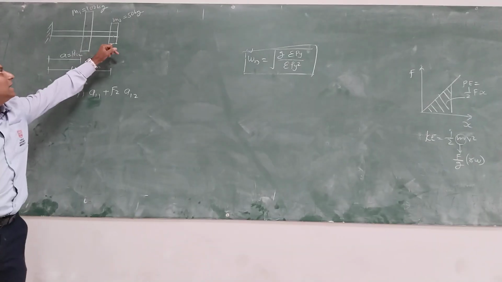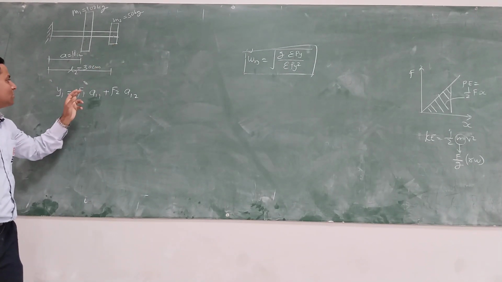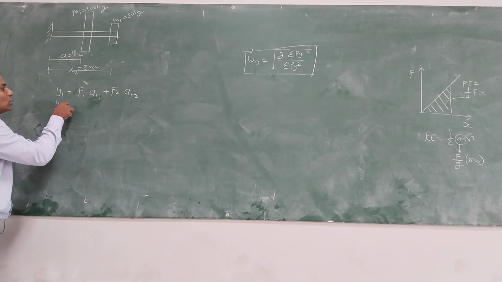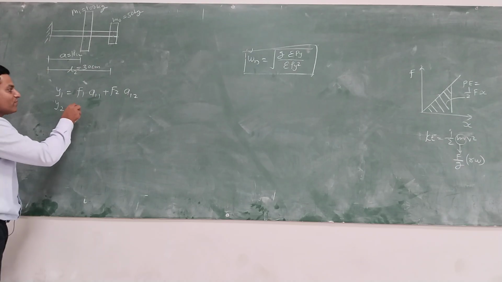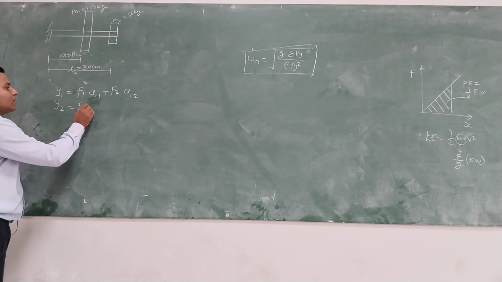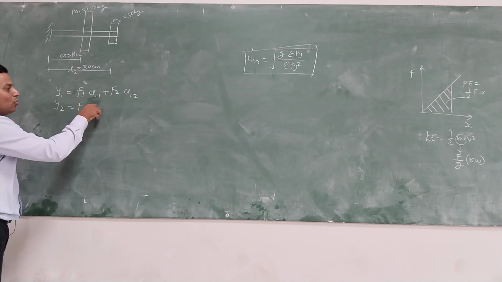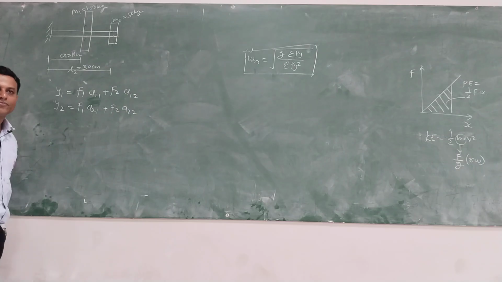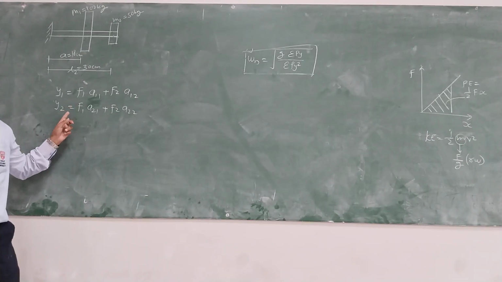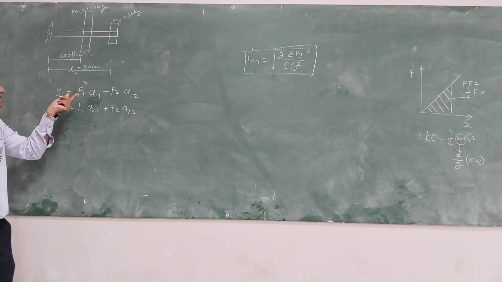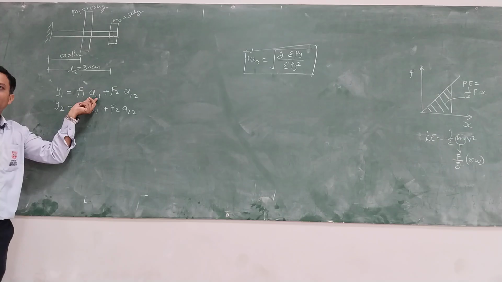As we are having only 2 masses, so 2 forces. So similarly we can write Y2 will be equal to F1 A21 plus F2 A22. So this will be the formula to determine displacement under each load, with respect to influence coefficient.